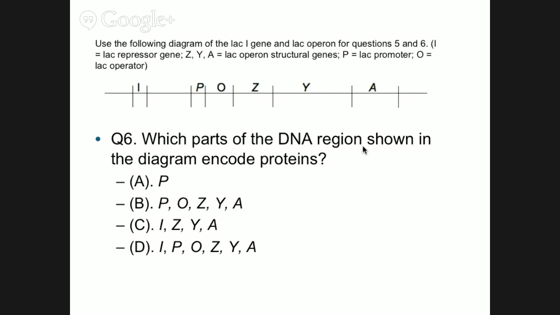So it's also just a DNA fragment. P is not coding, it's a promoter. So there's actually only one choice left. Do you want to explain why C is correct?